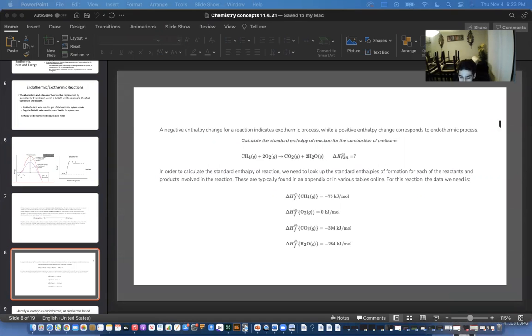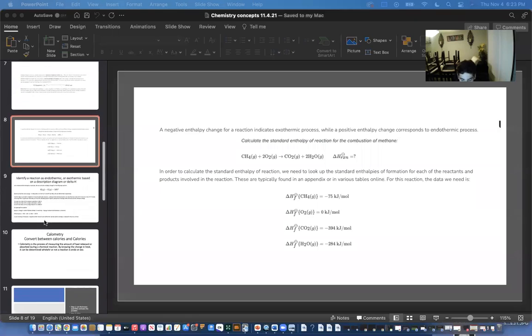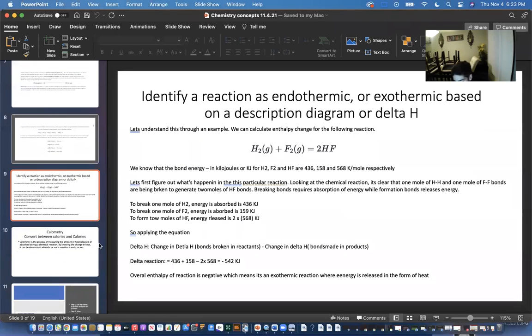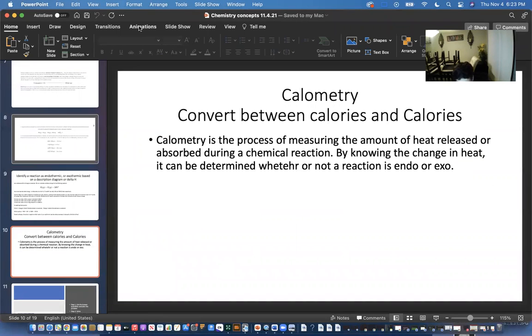Okay, so that means the only thing that I haven't gone over is calorimetry. One second, let me just blow this up.